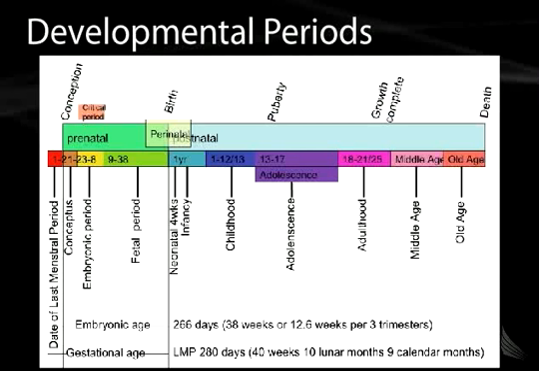Childhood will typically go from 1 through 12, 13, with a little bit of variation depending on male-female status. Adolescence typically goes from 13 to 17. And puberty will strike somewhere in between that age group, where there will be secondary sex characteristics developing as a result of hormonal influences in both male and female.